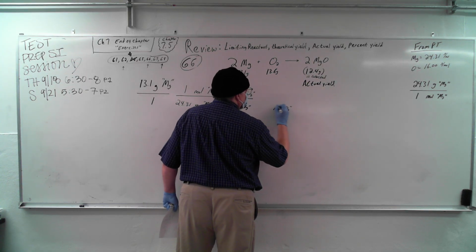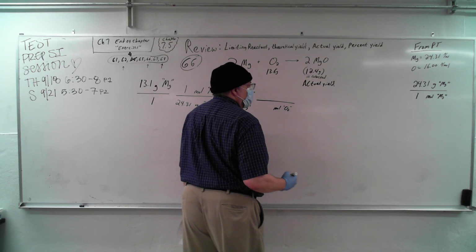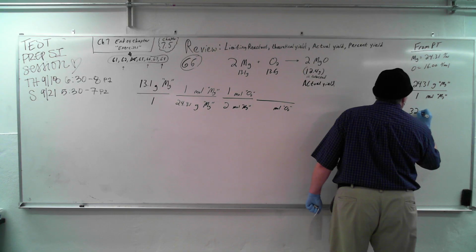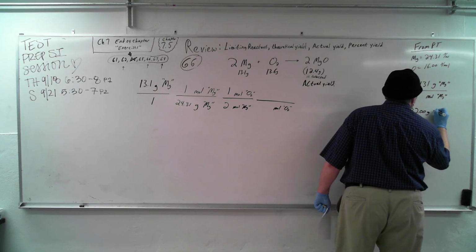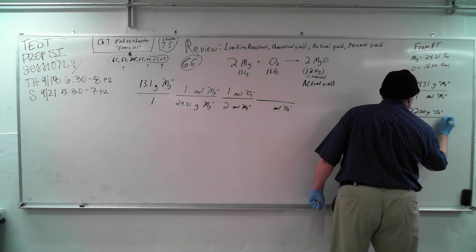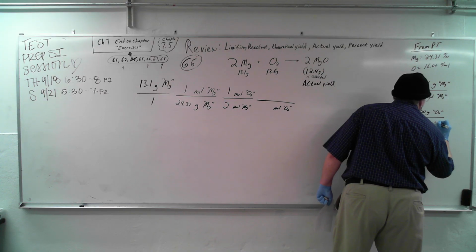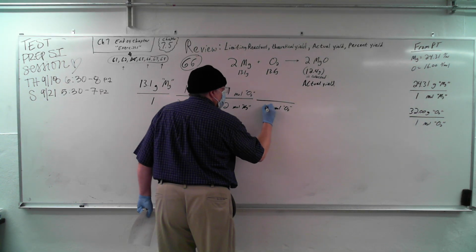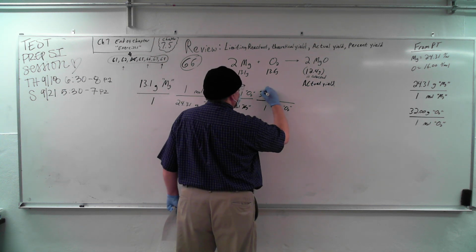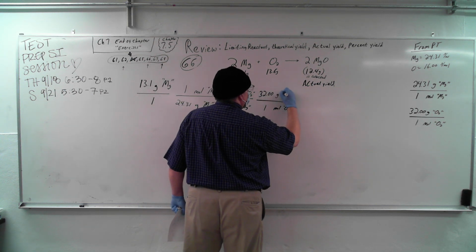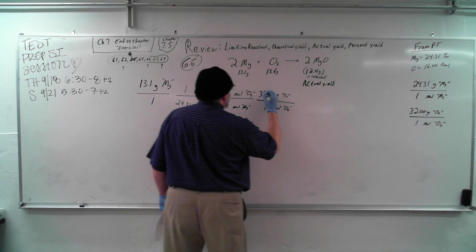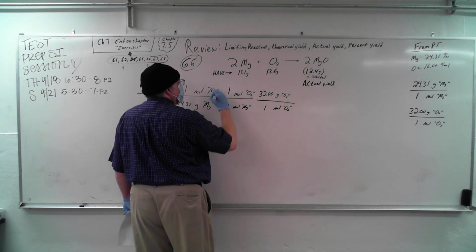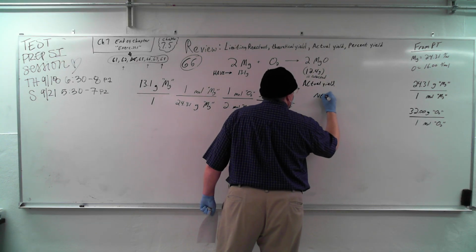This is a molecule with exactly 2 oxygens in it, so that one's just 2 times 16. That will be 32.00 grams of O2 with 1 mole of O2. And again, this is what this problem tells us we have. This is what we need.